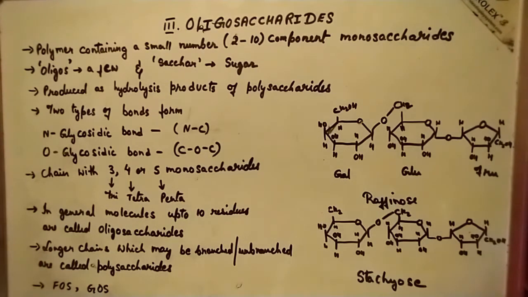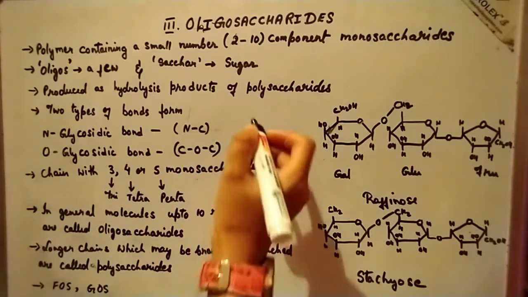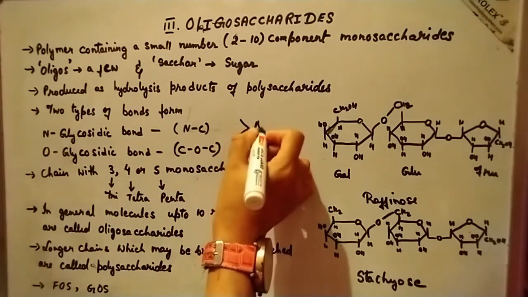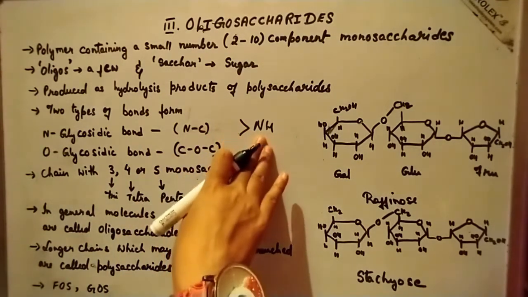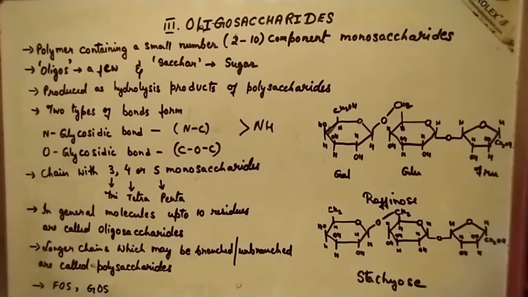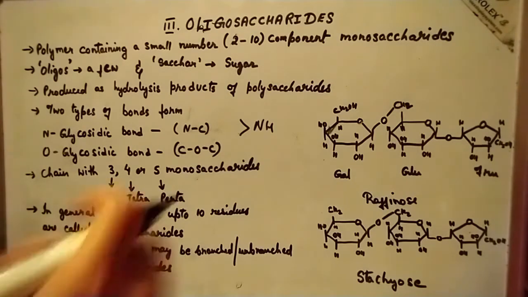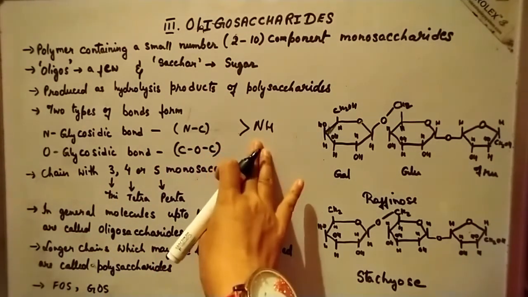The hydroxyl group of a monosaccharide may also react with an amine, and in this case also there is a removal of a water molecule. So the bond formed here is also referred to as a glycosidic bond.